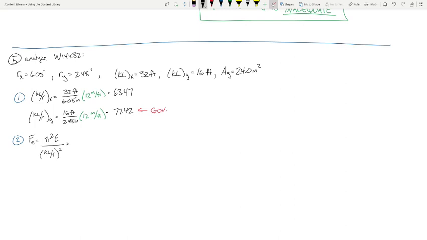So, we're going to compute our elastic buckling stress, so pi squared times 29,000 KSI over, and then we'll use our maximum slenderness. Remember, slenderness has no units.